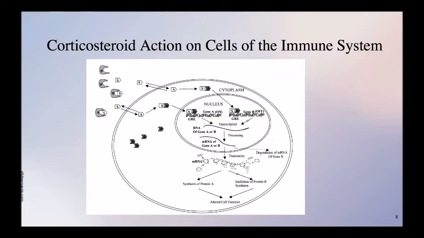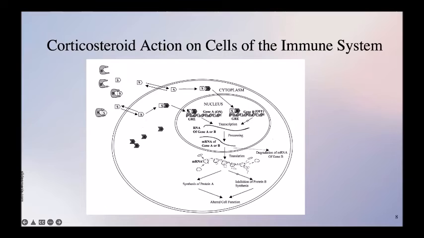Corticosteroids produce their effect on immune cells by activating corticosteroid receptors to regulate the expression of certain target genes. Corticosteroid molecules are transported by steroid-binding proteins. Dissociated corticosteroid molecules cross the cell membrane freely.